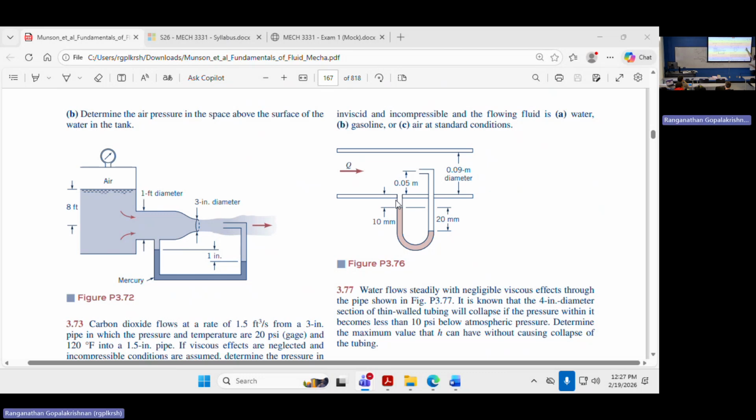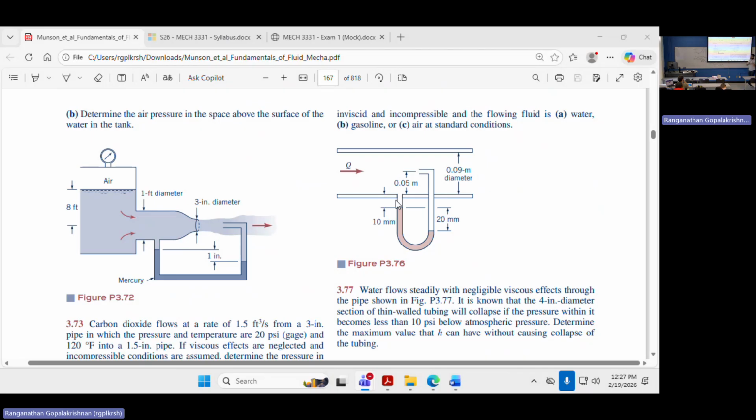Okay, so first the flow is assumed inviscid, meaning we don't consider viscous effects, and we also think it's incompressible, which means we implicitly think it's a low speed flow. And then we are asked to do the same calculation for water, gasoline, air. That's beside the point.